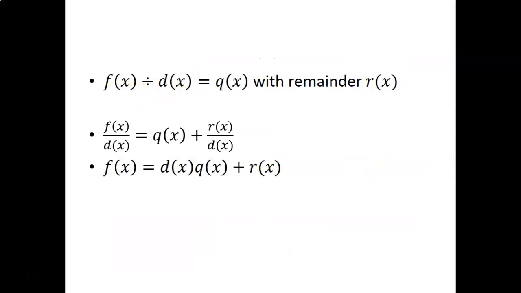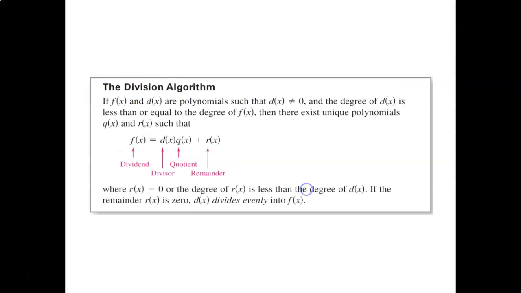So when you have a function divided by a divisor function, you get a quotient function and a remainder function, although that remainder function might just be a constant. It might just be a number. So then you can write the function you started with as the function you were dividing by times the function you got as the quotient plus the function or number you got for the remainder.